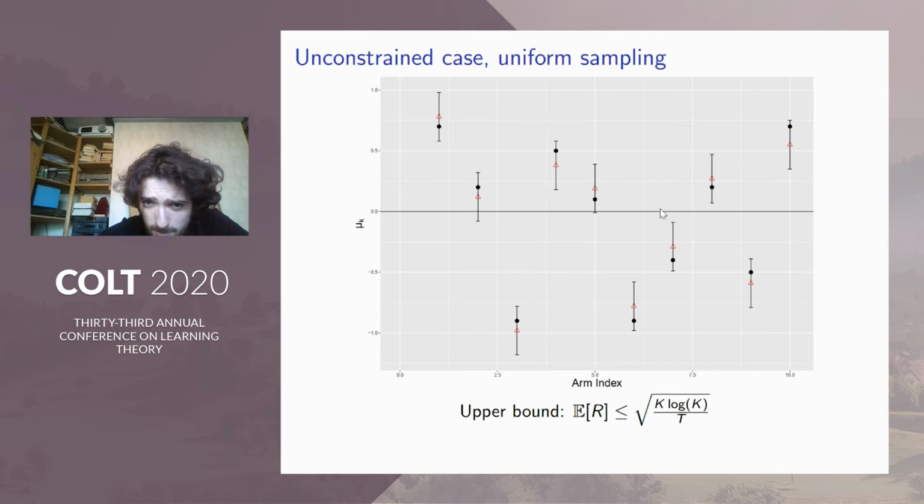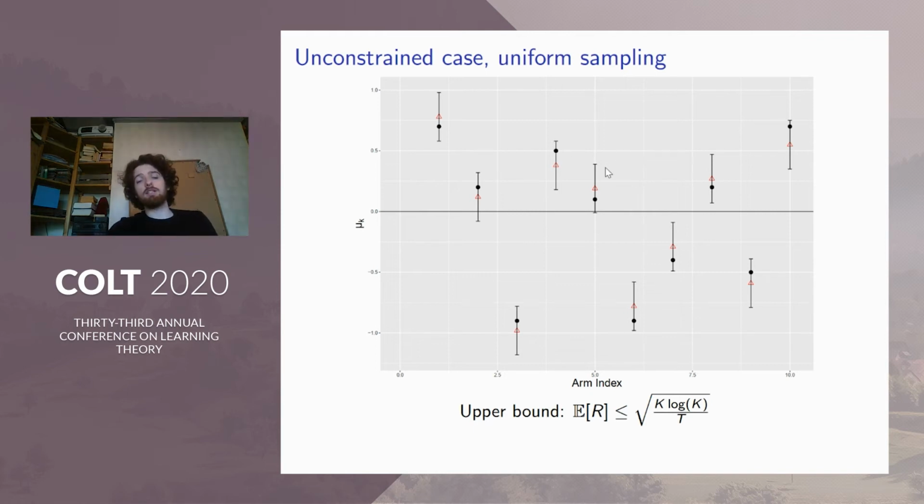And we draw these error bands around the sample means, and we say that the true means will exist within these error bands. And then if we classify each arm according to its sample mean, so if the sample mean of arm k is above threshold, you say the true mean of arm k is above threshold as well, you'll suffer a regret at most the size of these error bands.